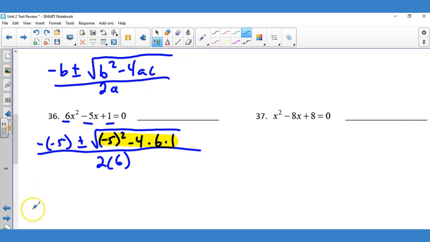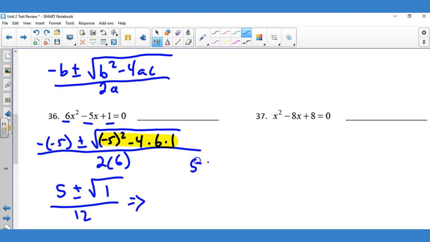All right, and when you do that, this becomes 5 plus or minus the square root of 1. That's 25 minus 24, that's 1, all over 12. The square root of 1 is 1. So you have 5 plus or minus 1 over 12.